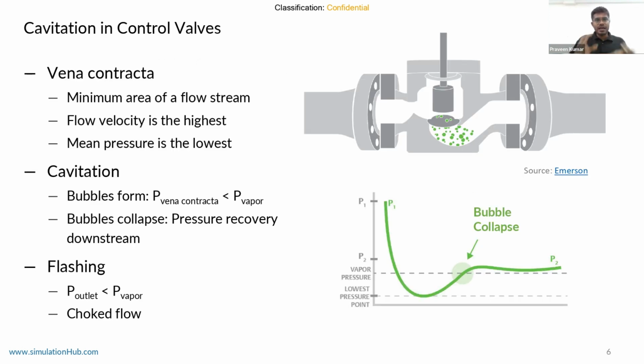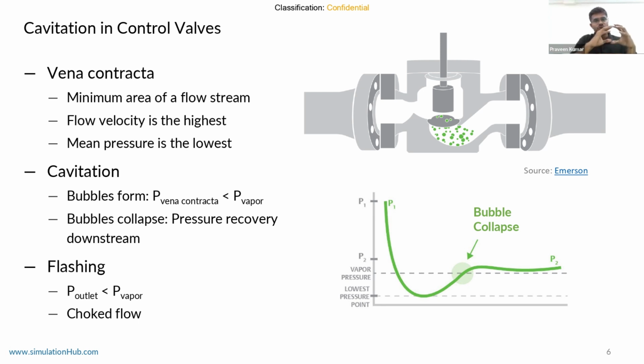And cavitation in valves, control valves particularly. First, we need to understand what is vena contracta. Vena contracta is the minimum area of the flow stream, where the velocity will be the highest in the complete valve fluid domain, and the pressure will be the lowest in that region.